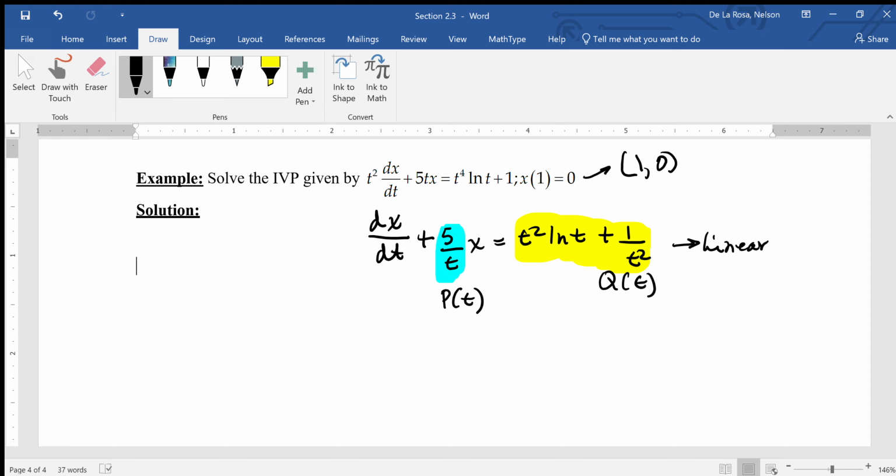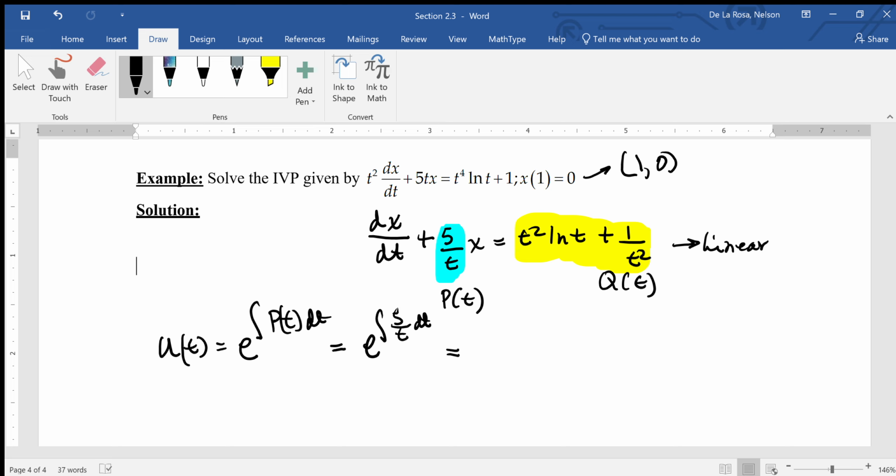Then we are now going to proceed to find the integrating factor u of t, which is e to the integral of p of t dt, and that is e to the integral of 5 over t dt.